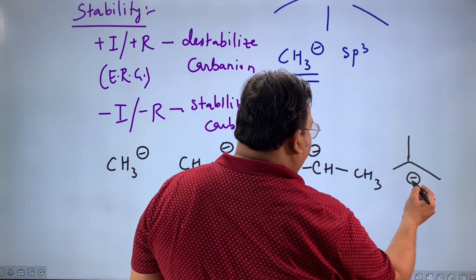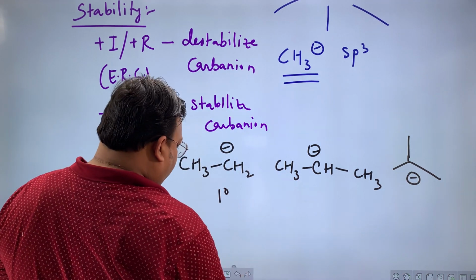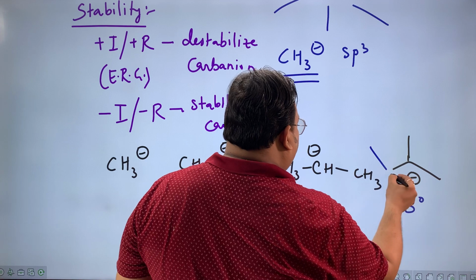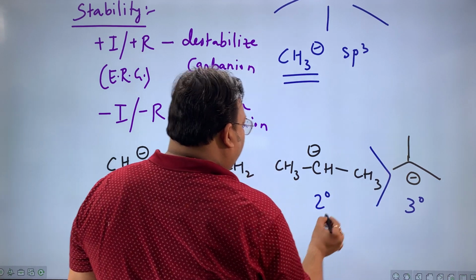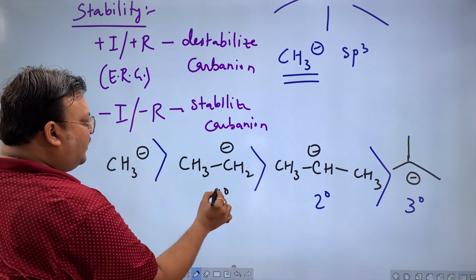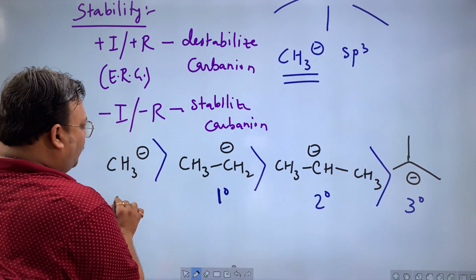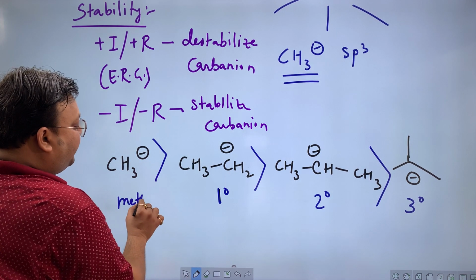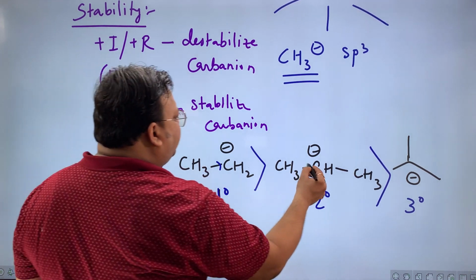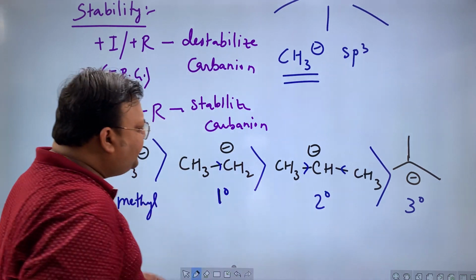So it's 3 degree because it's attached to a carbon which is 3 degree, and 3 degree less than 2 degree less than 1 degree less than methyl, because यहाँ पे ज़्यादा प्लस आई will make it less stable, plus I would make it less stable, plus I from 2 directions would make it even less stable.